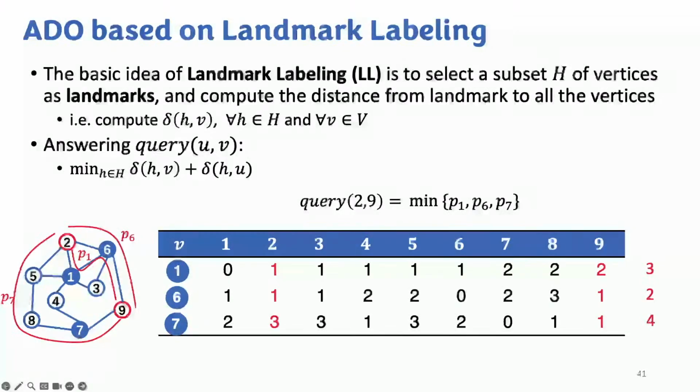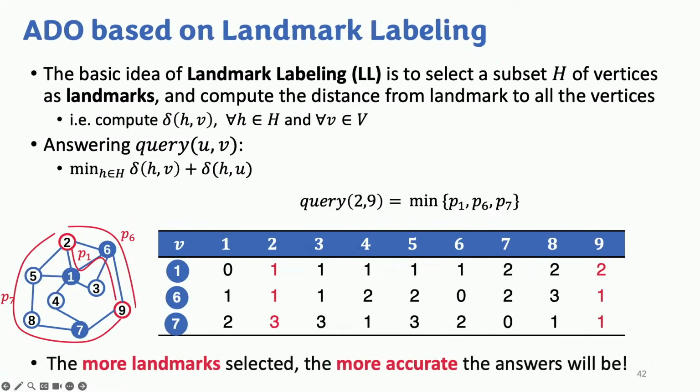As we can see, the query will give an approximation of the shortest distance. And the accuracy of the query will depend on how close the landmarks are to the true shortest paths. Intuitively, the more landmarks we select, the more accurate the distance oracle will be.